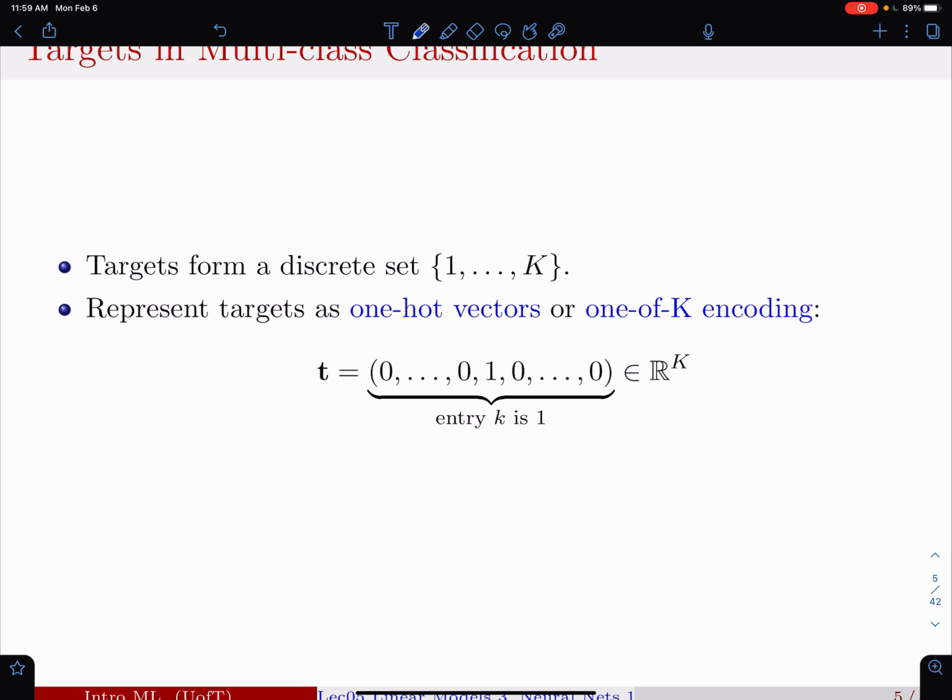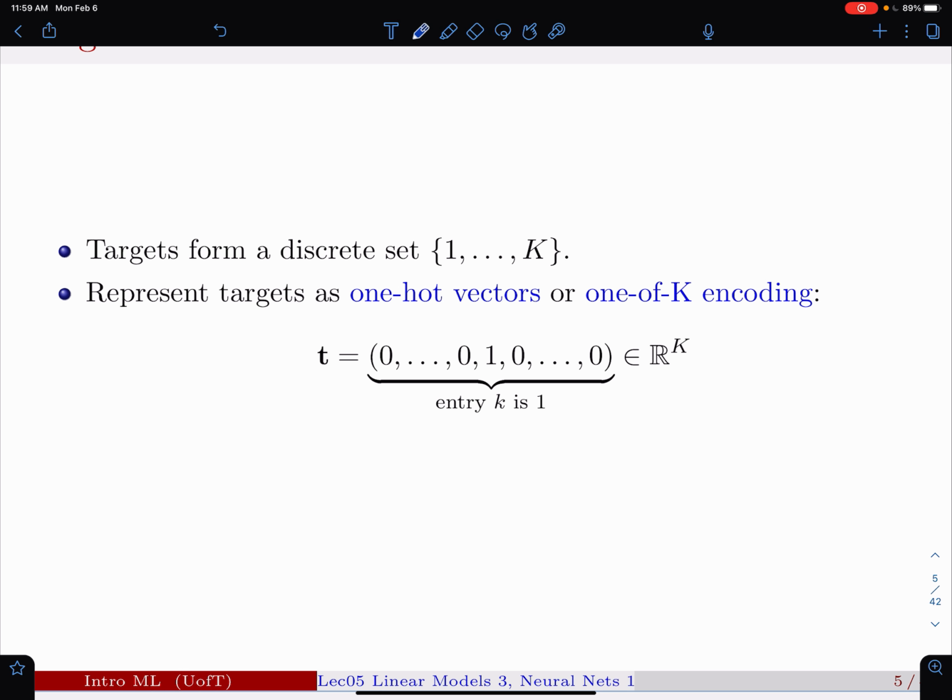So if we have R^k targets, that means our output space is now k-dimensional. And let's say our input matrix is still n by d. If we're trying to learn a linear classifier, what should the matrix in the middle be? Like, what's the dimension of the matrix in the middle?